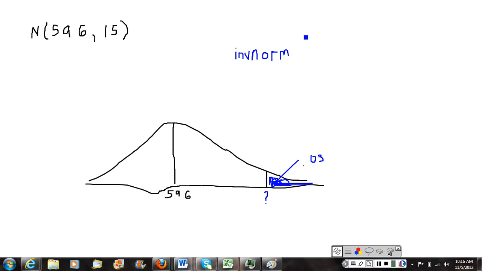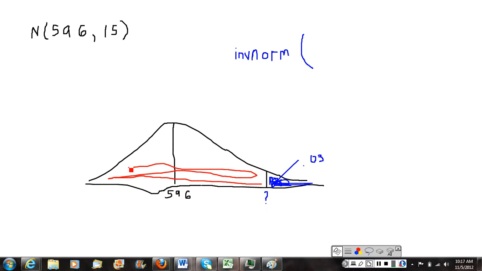Remember, the inverse norm command is a little funny. It always wants the area to the left of the value of interest. So it can tell us a value on the horizontal axis, but we have to first tell it the area to the left of that value. So we're going to have to input what this area in red would be.